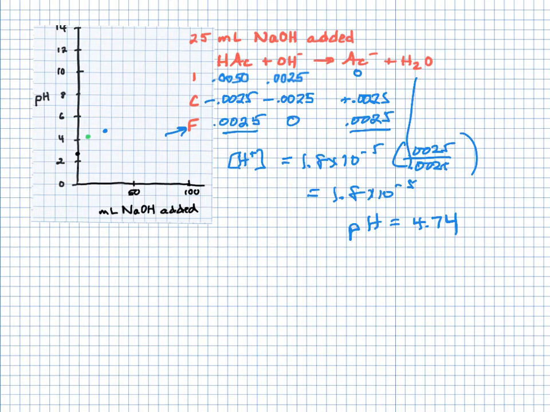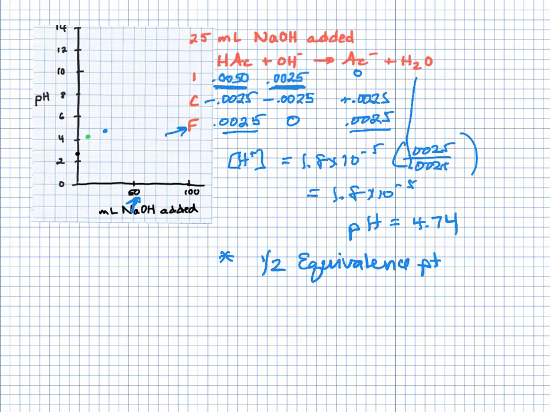Now I want you to note, this is what we call the half equivalence point. Okay? It's a really handy thing to know. You'll notice I've added half as much OH minus as I have acetic acid. I'm halfway to the equivalence point, which is 50 milliliters.